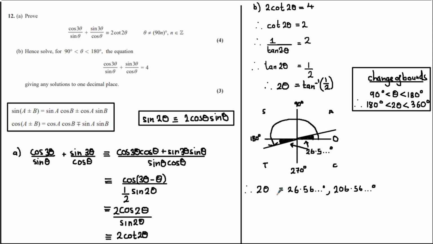Okay, so this tells us the bounds that we can work within given our angle of 2 theta. In order to get other solutions that may fall within the interval, we need to add the period to these principal solutions. And you should recall that the period for tan is 180 degrees. So adding 180 degrees to 26.56, well, if you remember, that's what we did earlier on to get this value. And let's just do that again.